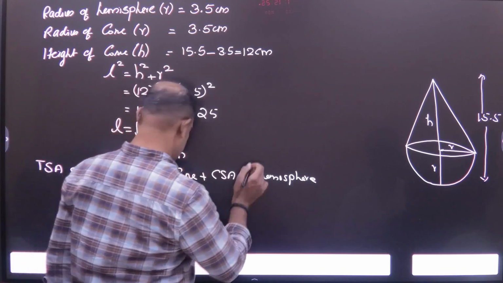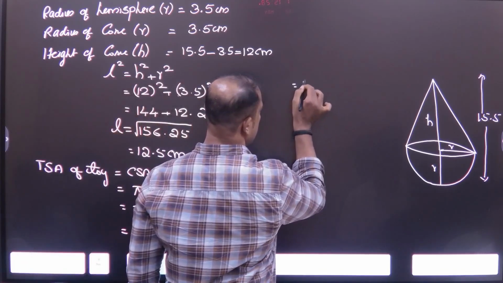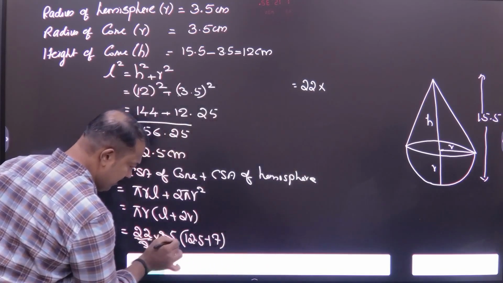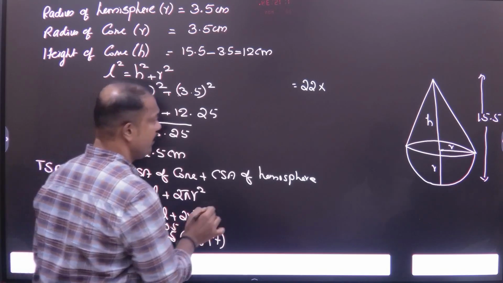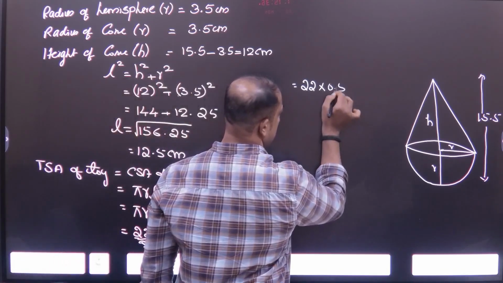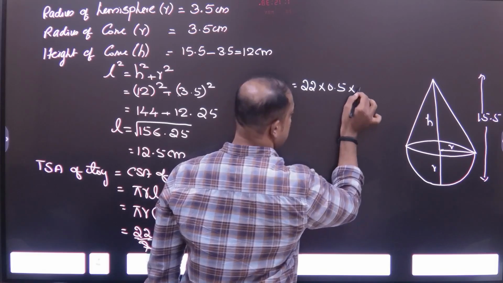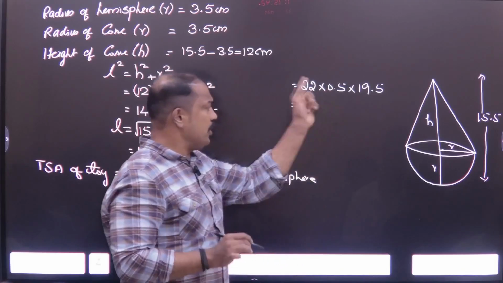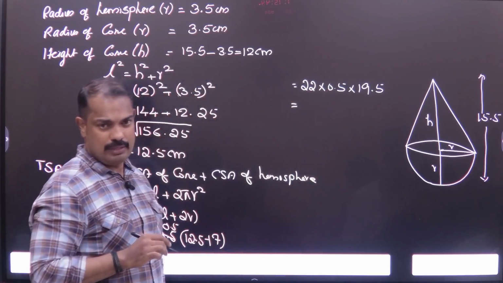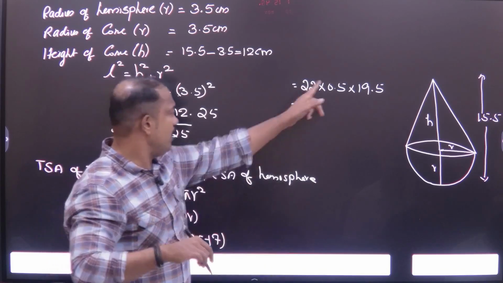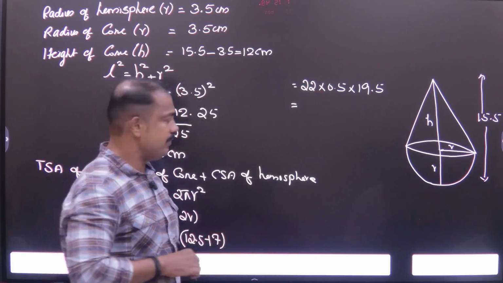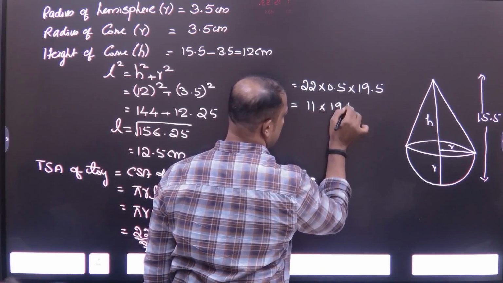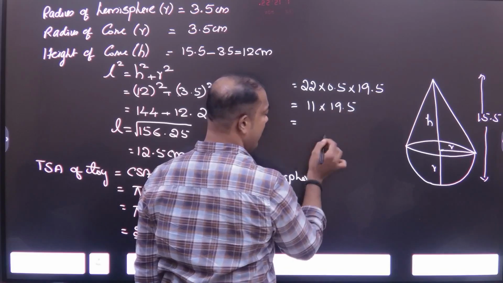So the answer is 22 into, and look, this 7 cancels with 3.5, 0.5 into 19.5. Listen: 22 into 0.5 is 11. 0.5 means 1/2, 1/2 into 22 is what? 11. So 11 into 19.5.